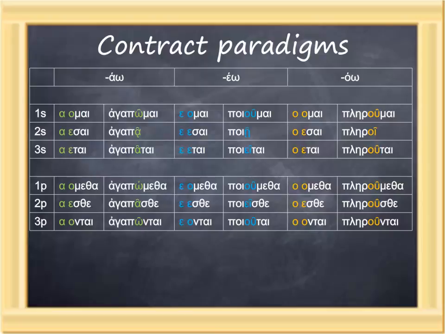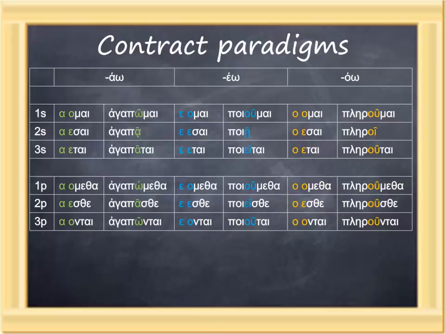Epsilon contracts with omicron to give the diphthong ou, poioumai. I am being made. Omicron contracts with omicron, according to Rule 1, to form the diphthong omicron upsilon. Plyroumai, I am being filled.